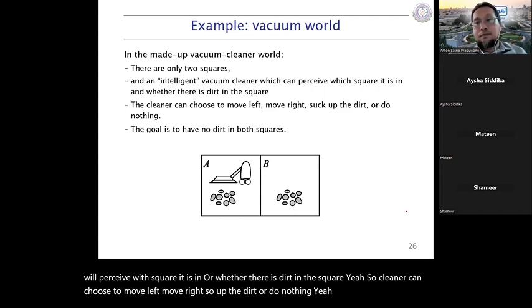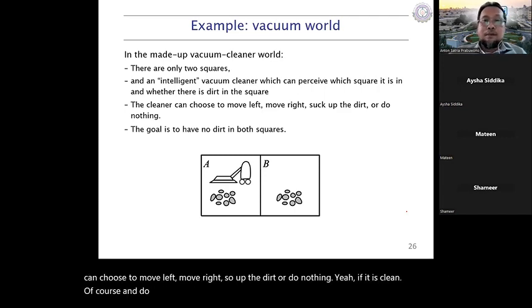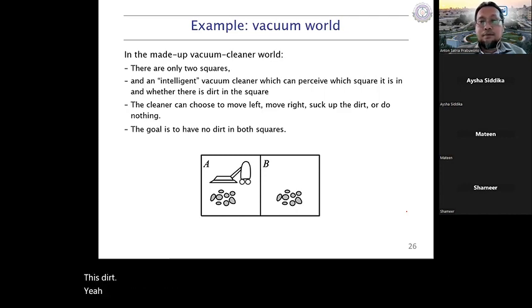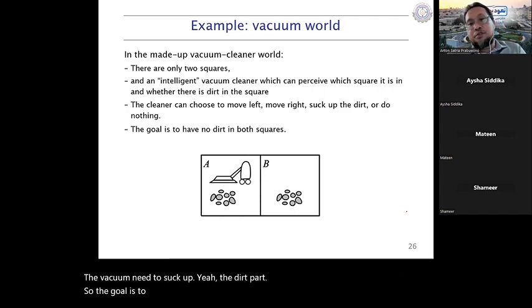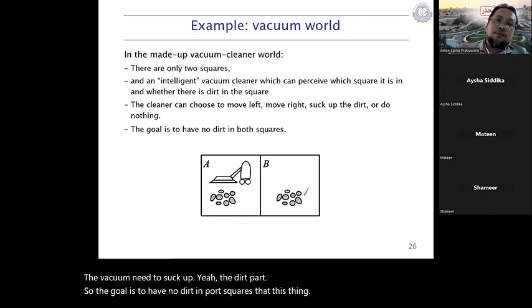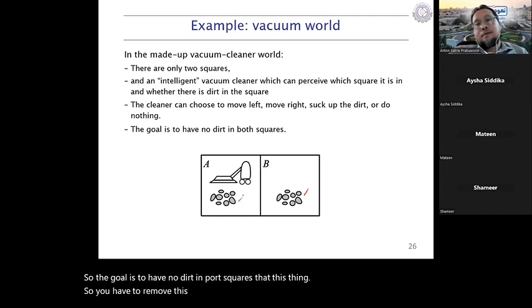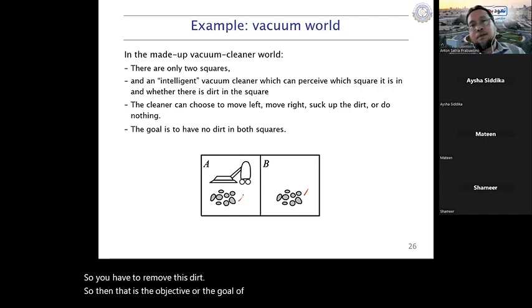If it is clean, of course then do nothing. But if there is dirt, then the vacuum needs to suck up the dirt. So the goal is to have no dirt in both squares. So we have to remove this dirt. That is the objective or the goal of the vacuum cleaner robot.